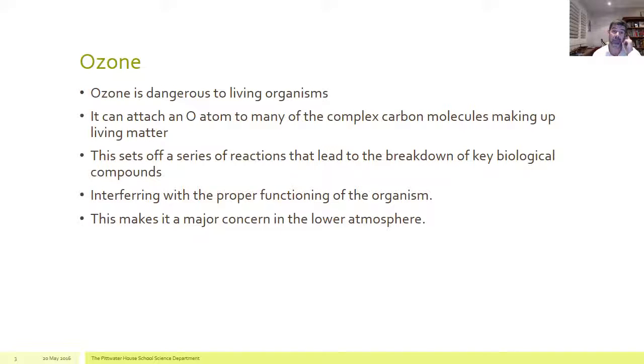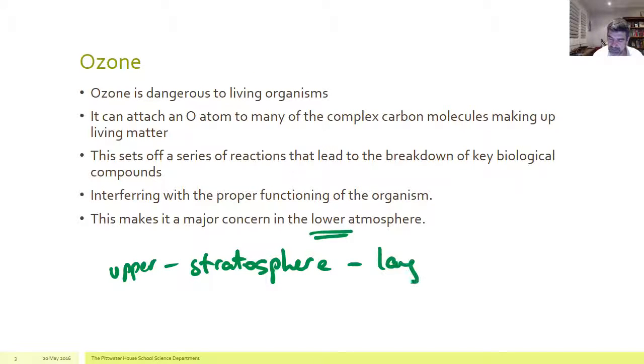Ozone is a bit of a problem in the lower atmosphere. In the upper atmosphere, so in the stratosphere, for example, that's where the ozone layer is, and that is really good. That is where we want the ozone. We do not want it at ground level because it's dangerous to humans.